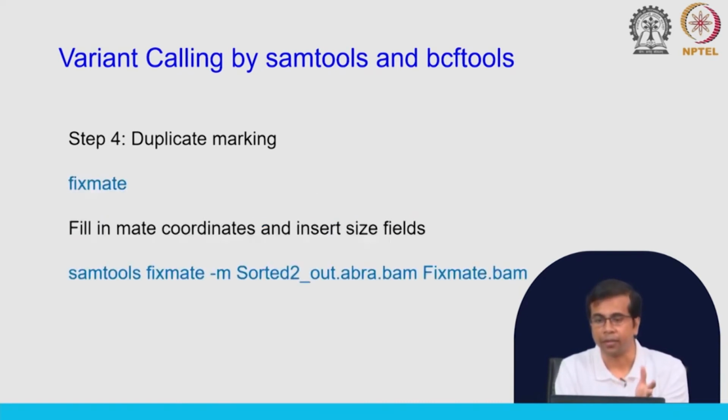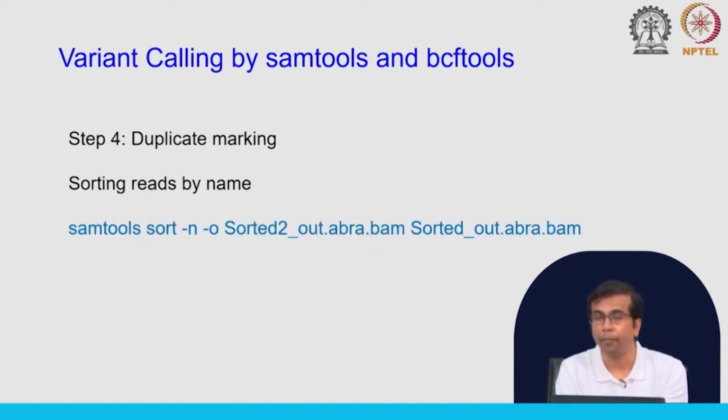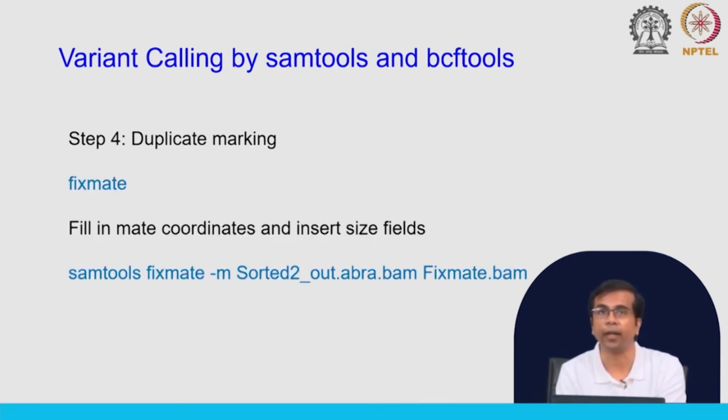One is, after this realignment, we have to sort reads by name using this command. You see we have used samtools sort, we simply need to use this -n option. Once we have done that, we use the fixmate command. It will identify the mates, fill in the mate coordinates and then calculate the insert sizes.